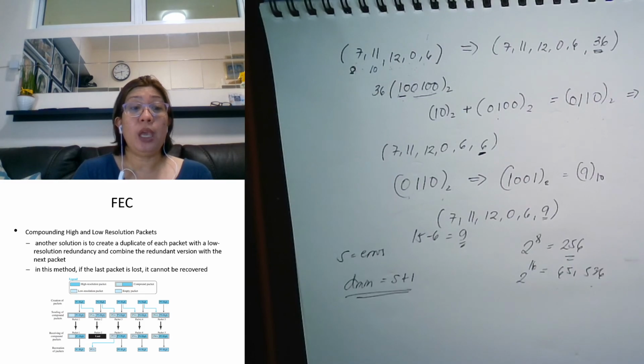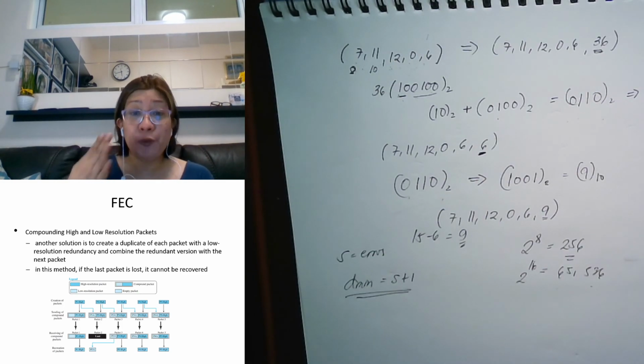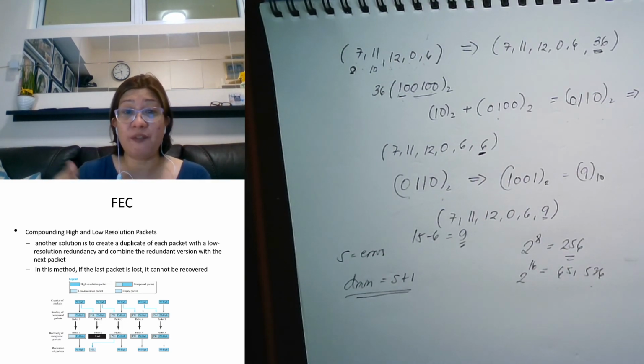If a packet is lost, we can use the low resolution version from the next packet. Note that the low resolution section in the first packet is empty. Therefore you have an alternative if a message is lost during the transmission.